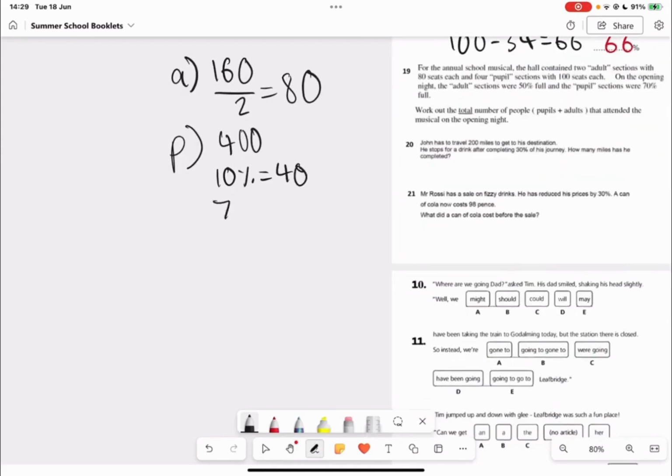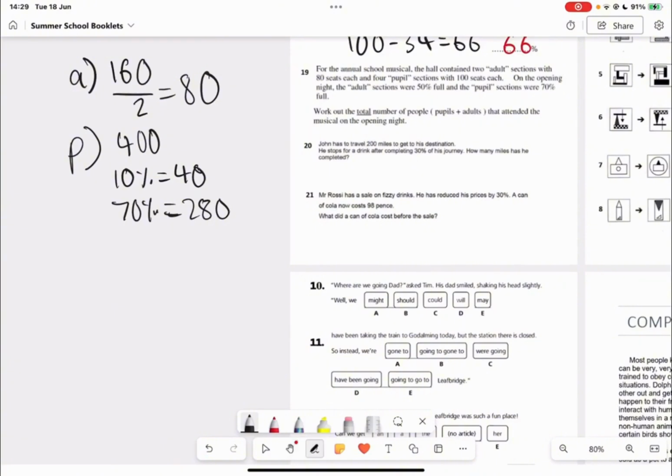And then 70%, which will be that multiplied by 7, which is 280. So we know that our answer will be 280 plus 80. So 280 plus 80 is equal to 360.